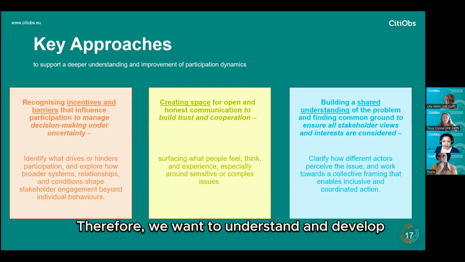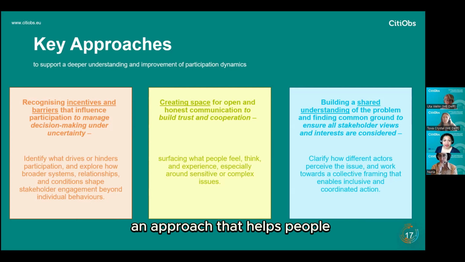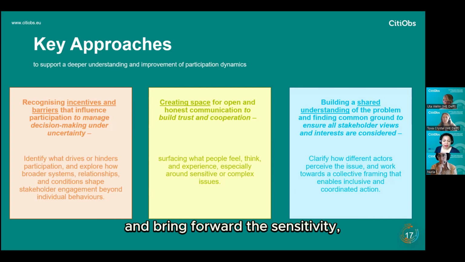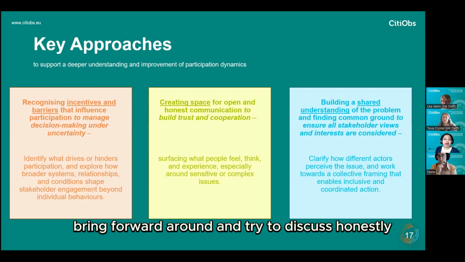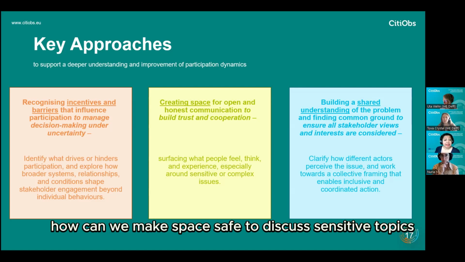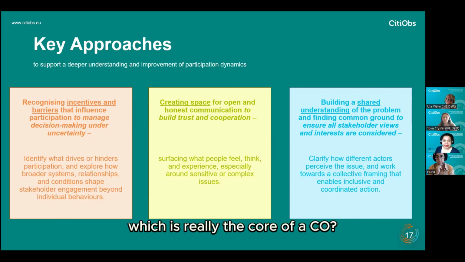Therefore, we want to understand and develop an approach that helps people realize what they feel and think and experience, and bring forth the sensitivity, and try to discuss honestly the sensitive issues that make the space unsafe. So how can we make space safe to discuss sensitive topics, which is really the core of it.